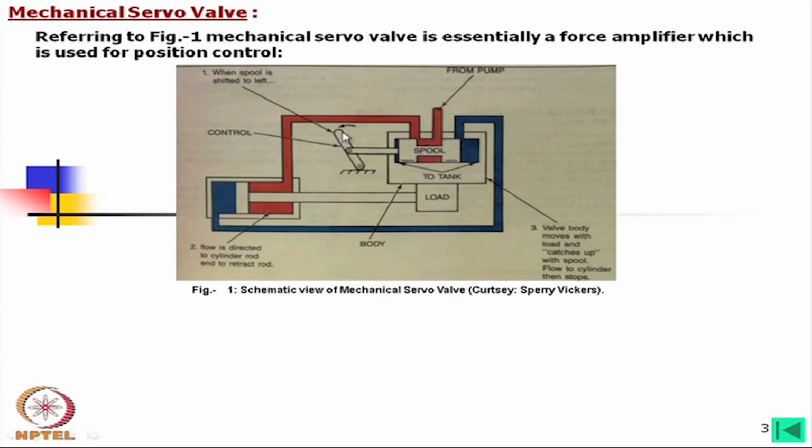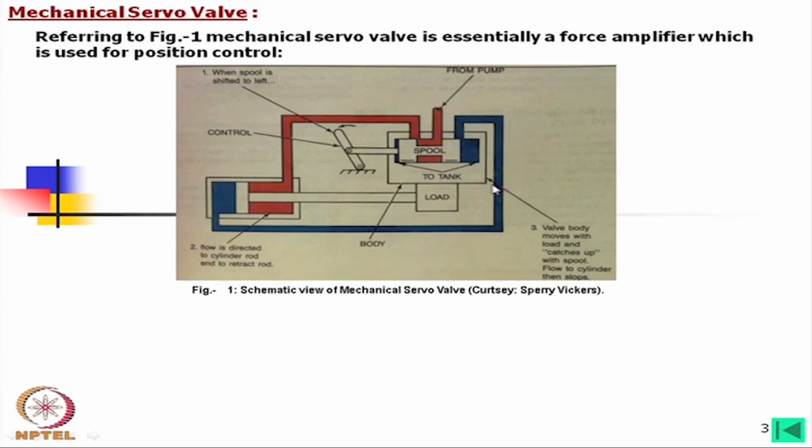First of all, we have to give an input. Now, let us consider it is at the vertical position. In that vertical position, what will happen? The oil will come to this chamber. This is very schematic. Actually, this may not function if we take just a spool like this, but let us consider it is in the neutral position, and the oil from the pump is coming inside, but it cannot go this way, nor can it go the other way.